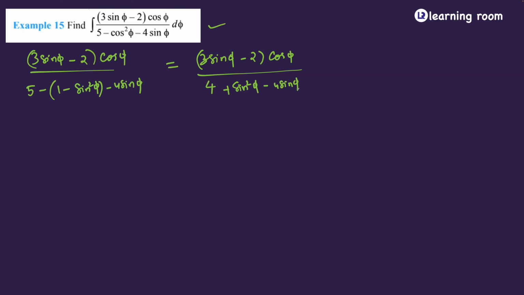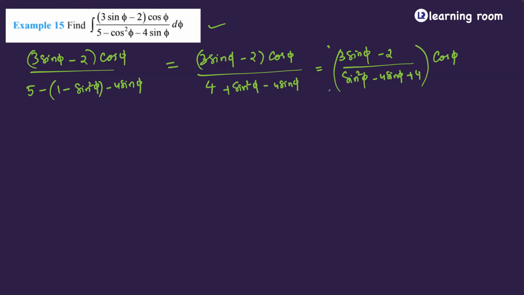So this we can write, arranging it in order, as (3 sin phi minus 2) divided by (sin square phi minus 4 sin phi plus 4), times cos phi.